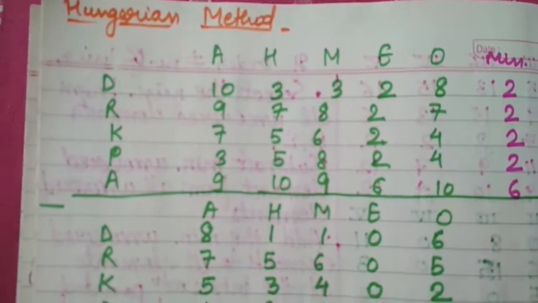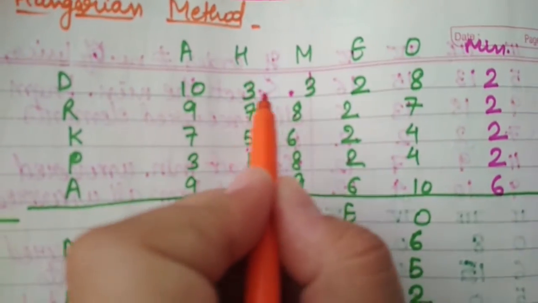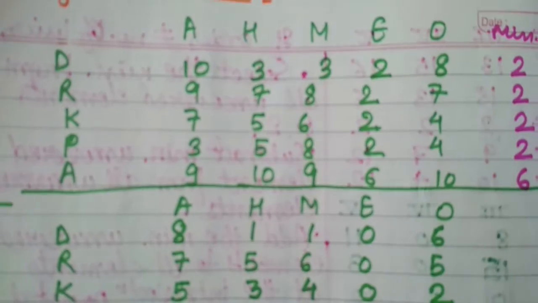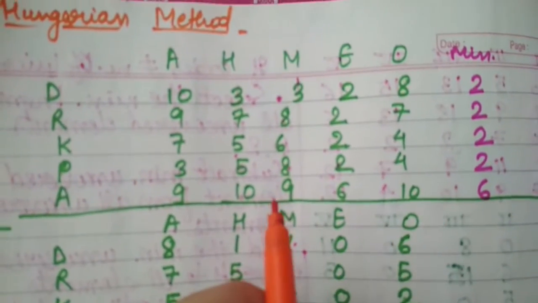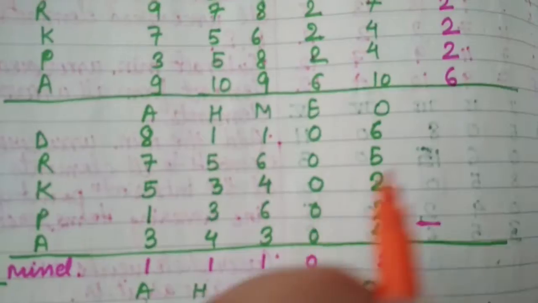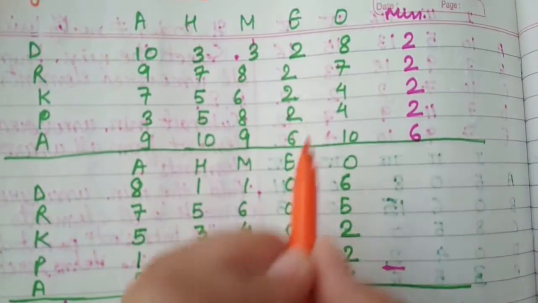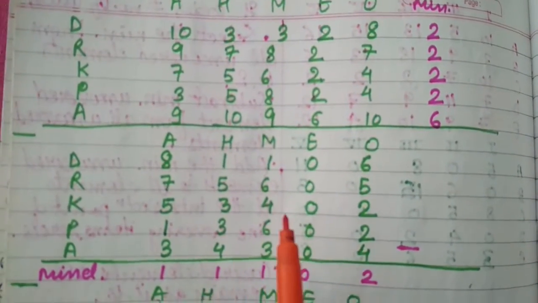We will do the same thing as we have done earlier. We will find the minimum elements from each row: from this row it is 2, from this row also 2, from the third row also 2, and here it is 6. In the next step we subtract this minimum value from each element present in the row. So here we have the new table.